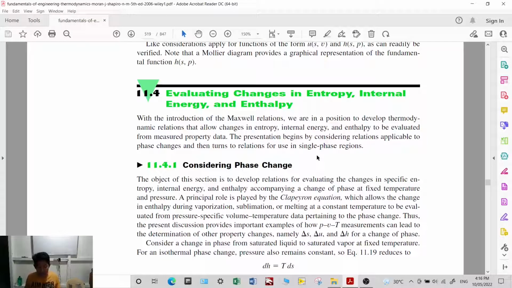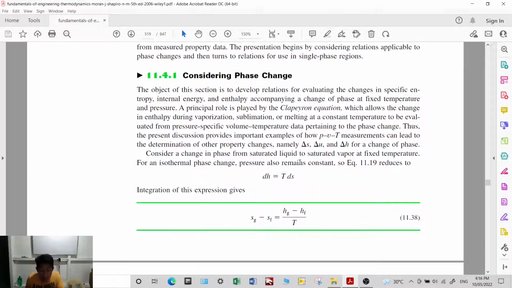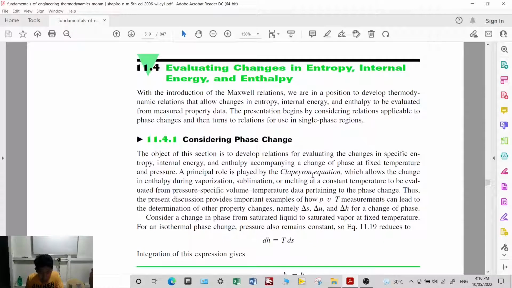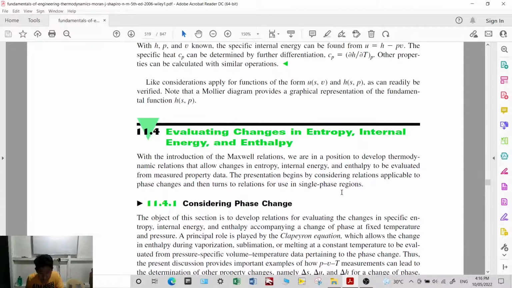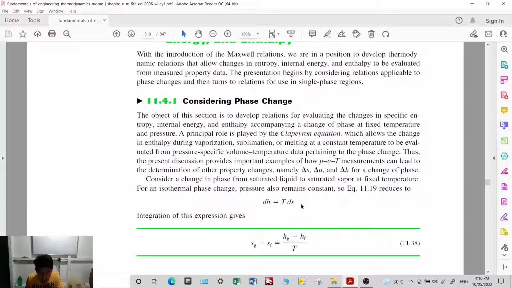It is easy if you have a steam table, you just look it up in the table. Now, what if you have no table? What you will do is use this equation: dH is equal to TdS, right? dH is equal to TdS minus VdP.